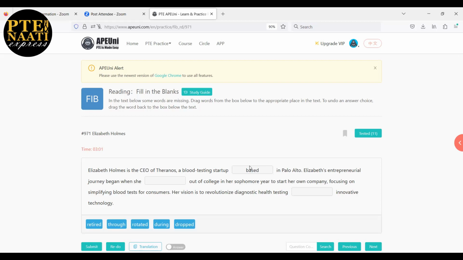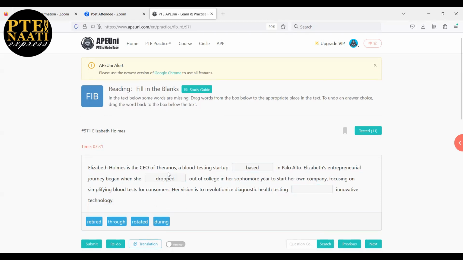Elizabeth's entrepreneurial journey began when she dropped out of college in her sophomore year to start her own company, focusing on simplifying blood tests for consumers.